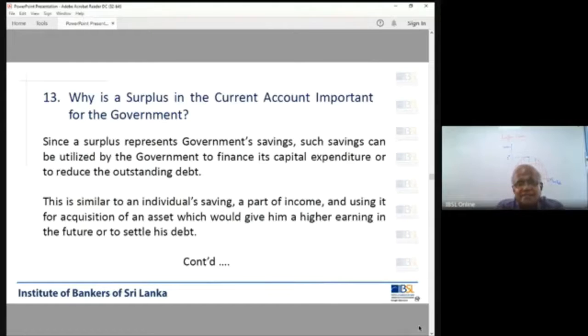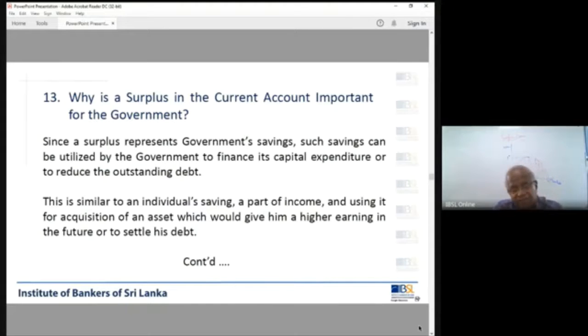Why is a surplus in the current account important for the government? They ask why it is important. Since a surplus represents government savings, such savings can be utilized by the government to finance its capital expenditure or to reduce outstanding debt. Now, these are pluses.